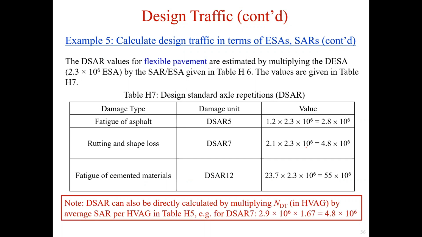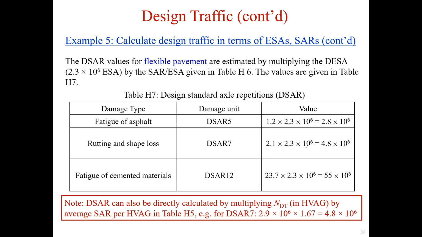Apart from DESA, if we want to calculate the SAR5, the SAR7, and the SAR12 for flexible pavement, we're able to multiply the DESA by the corresponding SAR over ESA values from table H6. The resulting values are given in table H7.